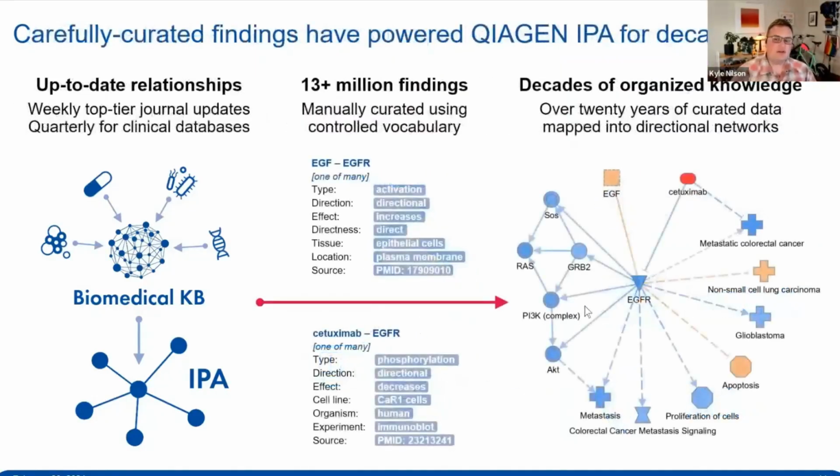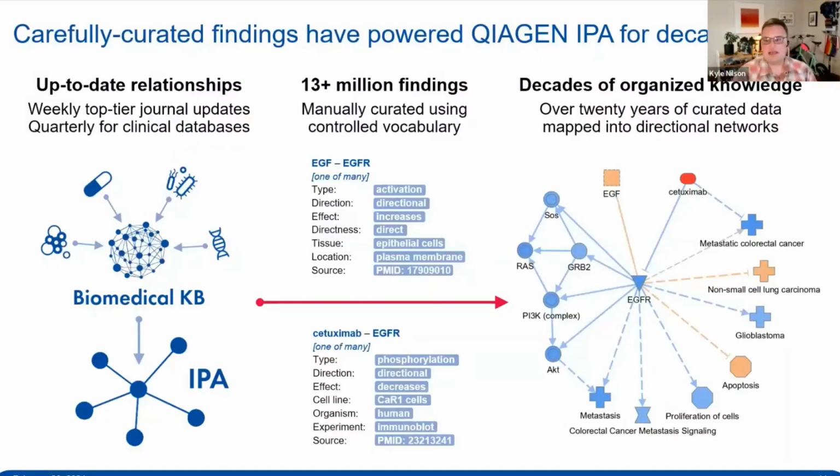Just going over the different types of data, again, the relationships that are present within Ingenuity Pathway Analysis are kept up to date. We make sure those relationships are updated from journal articles on a weekly basis. If you are using the biomedical knowledge base more directly, that is updated quarterly.